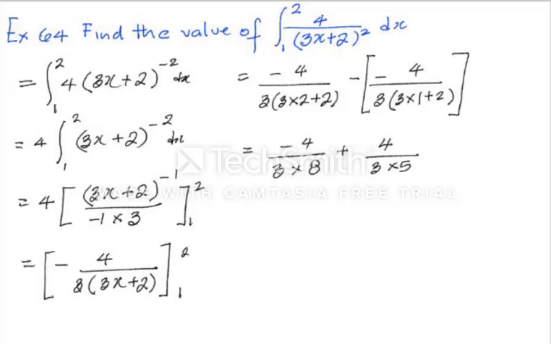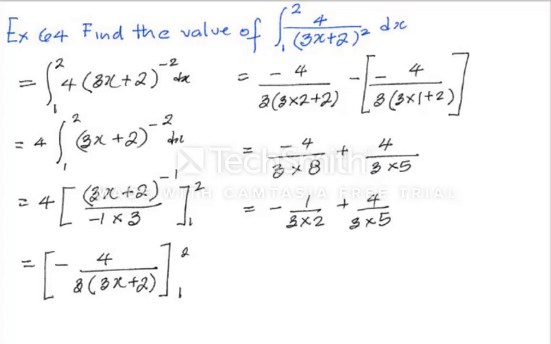All right. So I'm ending up with minus 4. Sorry, let's cancel the 4. Minus 1 over 3 times 2, over 3 times 2 plus 4 over 3 times 5.